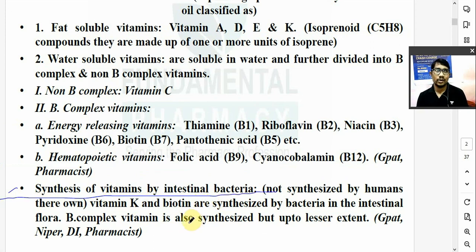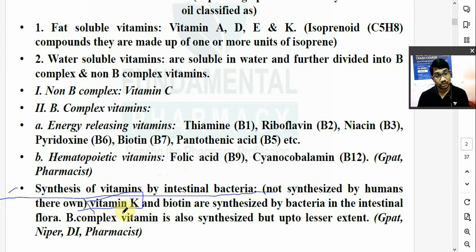Your intestine, your GIT or gut, has a bacterial flora. They are useful bacteria, not pathogenic or harmful bacteria. So they are very important. They synthesize some vitamins, particularly B complex vitamins and vitamin K. इसके ऊपर ही क्वेश्चन आया था. Which vitamin is synthesized in the body?